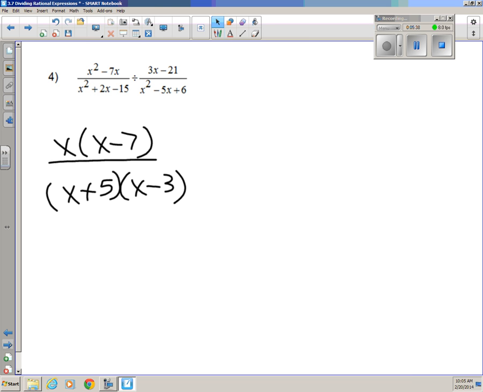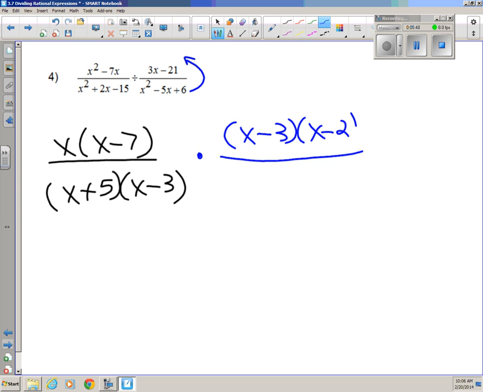Now remember, division goes to multiplication. My numerator, when I factor this trinomial and it goes on top, becomes x minus 3, x minus 2. The denominator, which now is that initial top, which goes on the bottom, is a GCF with a 3x minus 7. So I factored and flipped all at the same time.